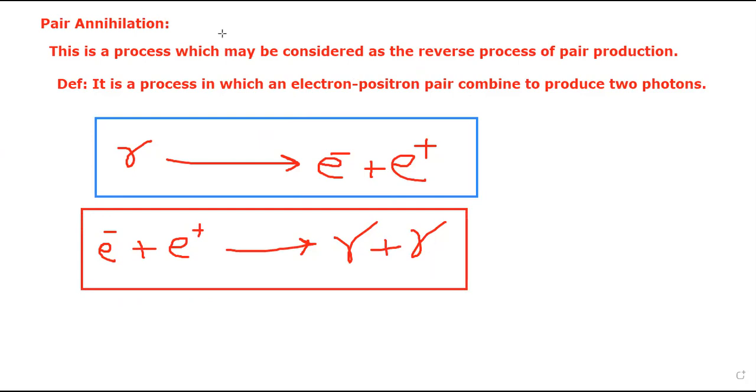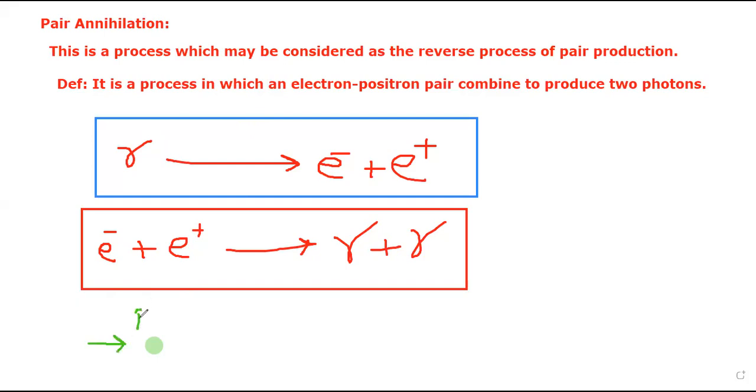Anyhow, whenever an electron and a positron come near each other from opposite directions, for example, let us consider a positron coming from the left side, from left to right.